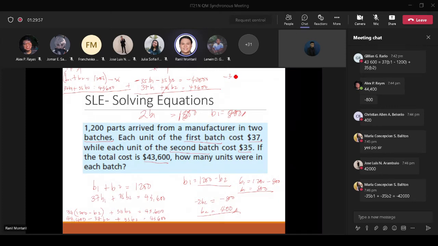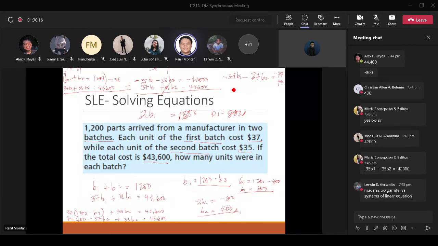This will give negative 37B1 minus 37B2, which is equal to negative 44,400. Then we just copy the second equation, 37B1 plus 35B2, equal to 43,600. If we add these two equations, B1 is canceled and this becomes negative 2B2, which is equal to the difference of 44,400 and 43,600, negative 800.